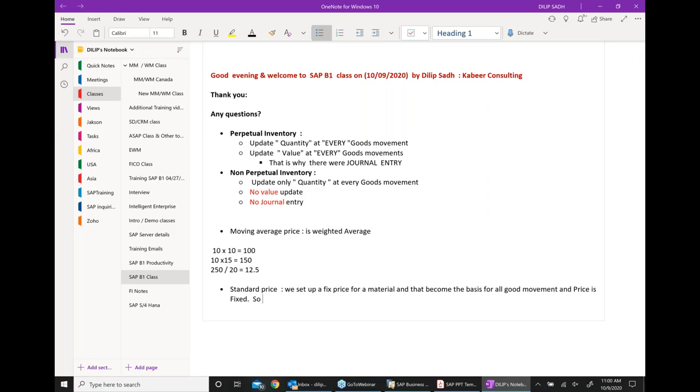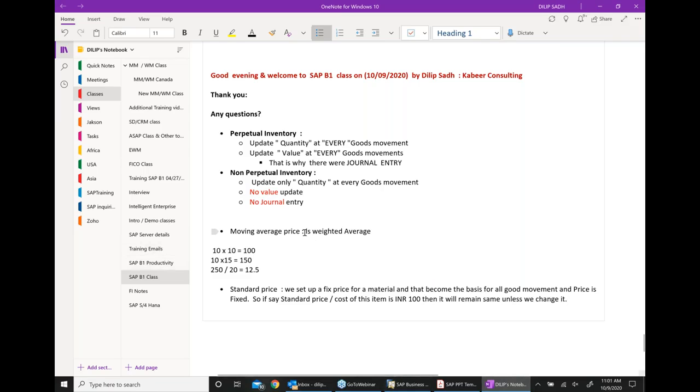So if we say the standard price or cost of this item is 100 rupees, then it will remain 100 unless we change it.